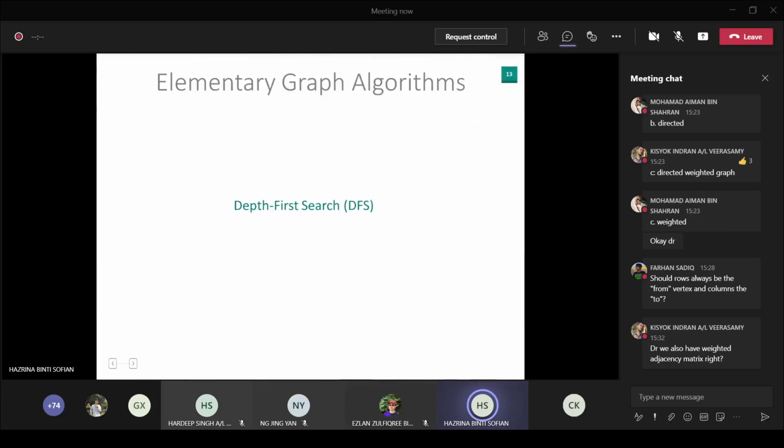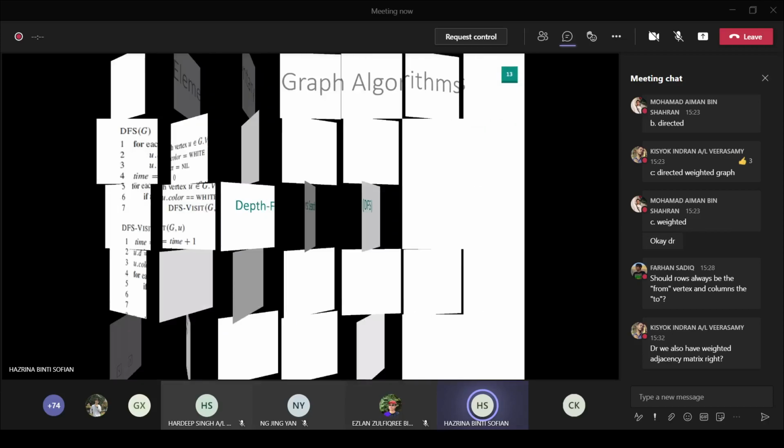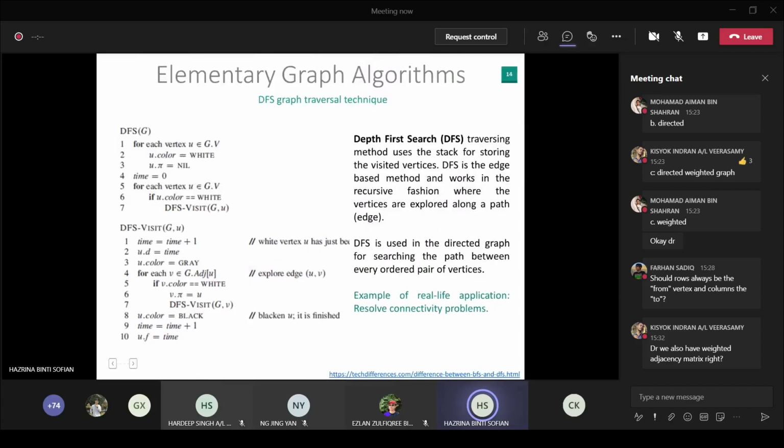So let's learn about the DFS. For the DFS, this is the algorithm. Like I said, for DFS, we want to visit all of the vertices. So let's say you want to become a traveler and you want to visit the entire world, all of the countries in the world. In that case, your vertices are all the countries in the world.